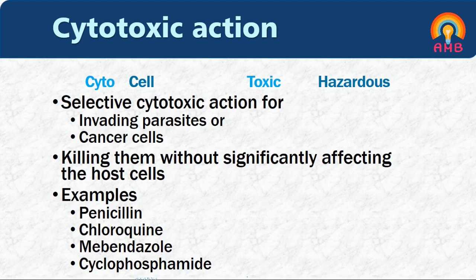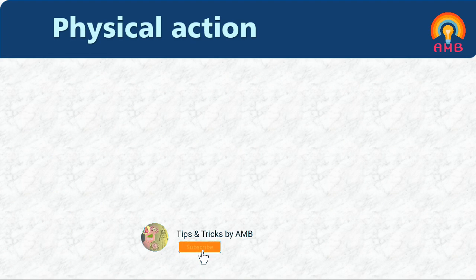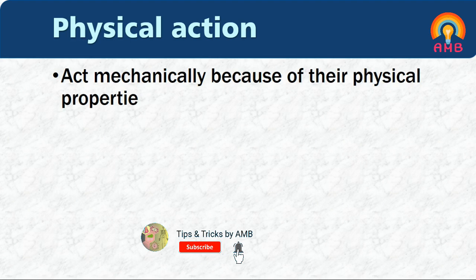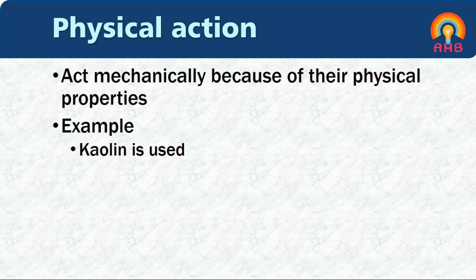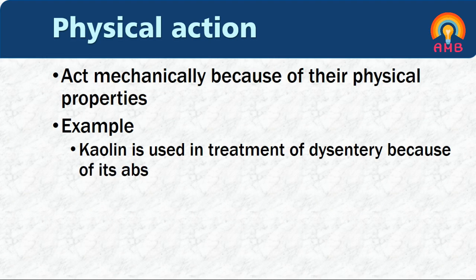Now next principal drug action is physical action. Some drugs act mechanically because of their physical properties. So here the drug is using its physical property to produce the effect. For example, kaolin is used in the treatment of dysentery because of its absorptive properties. Kaolin adsorbs the toxins which are released by bacteria and decreases the effects of dysentery.